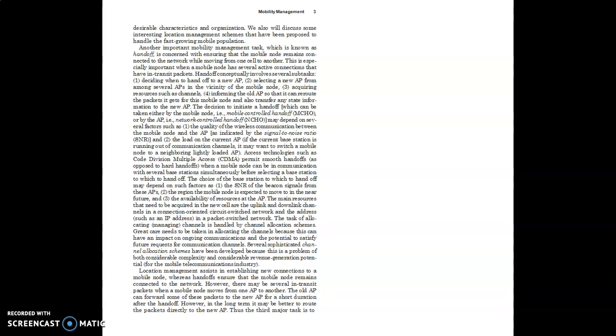Great care needs to be taken in allocating the channels because this can have an impact on ongoing communications and the potential to satisfy future requests for communication channels. Several sophisticated channel allocation schemes have been developed because this is a problem of both considerable complexity and considerable revenue generation potential.